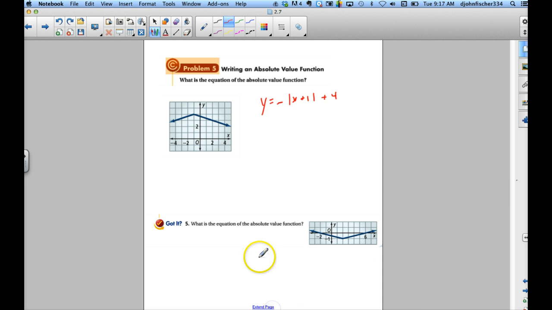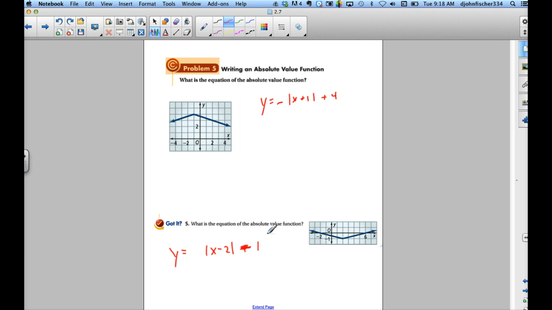Let's look at this one. What is the equation of the absolute value function? Now this one looked like it moved over 1, 2, and down 1, and it's going up, so y equals, and I'm going to come back to this one in a little bit here. Let's just see this. First of all, it moved over 2, so x minus 2, and then down 1, minus 1.